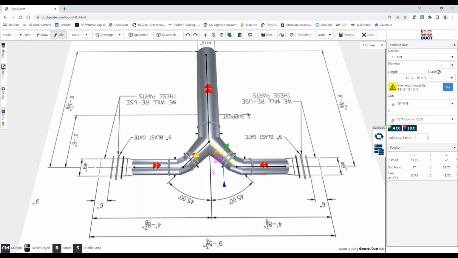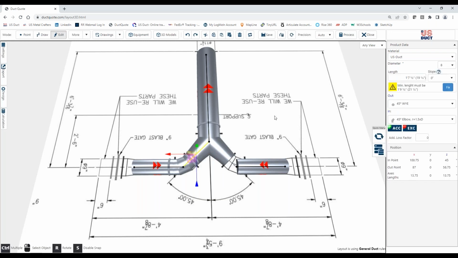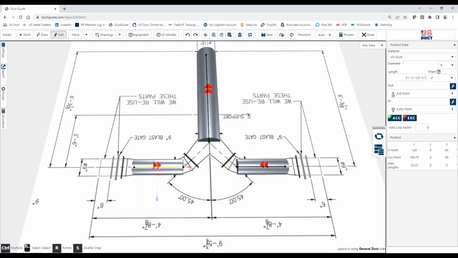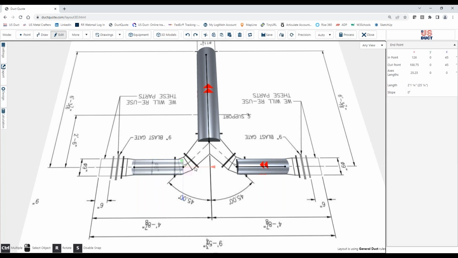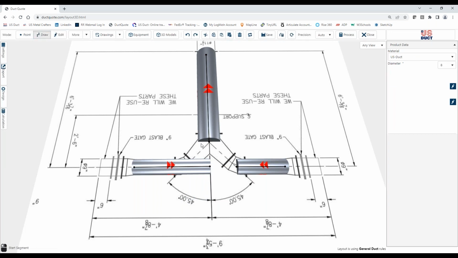Well, one way to get around this might be, instead of using a pants Y, we might be able to do this as follows. If we take this out, what I'm going to suggest is an elbow followed with a branch, okay? So if we were to come down and extend this, and I'm just arbitrarily choosing this side to do this, and we're now going to draw up and connect.